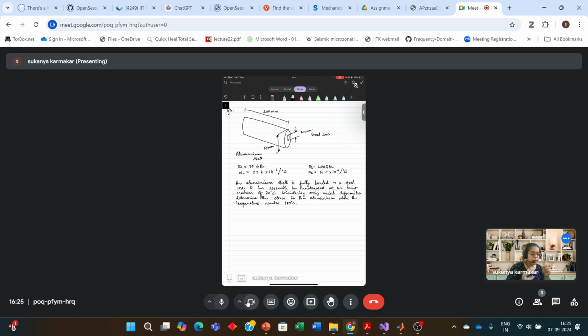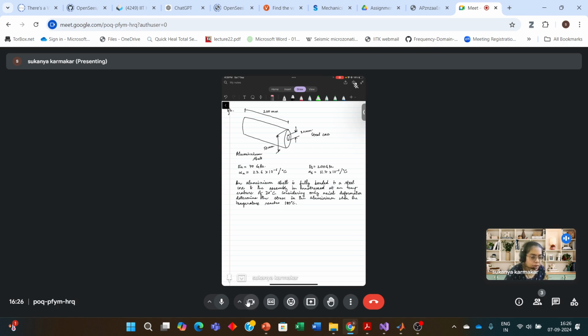Now, as you can see, since it is fully bonded, the steel and aluminum will not lose contact.